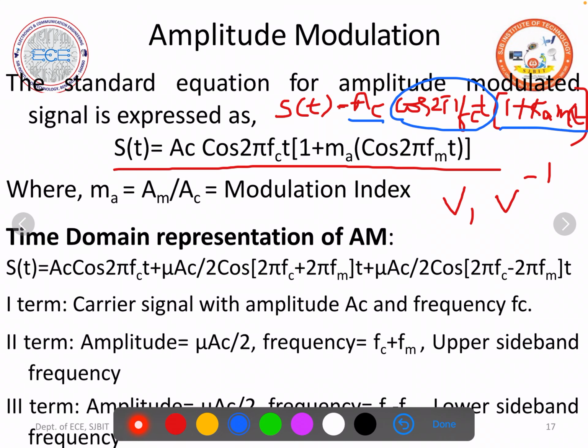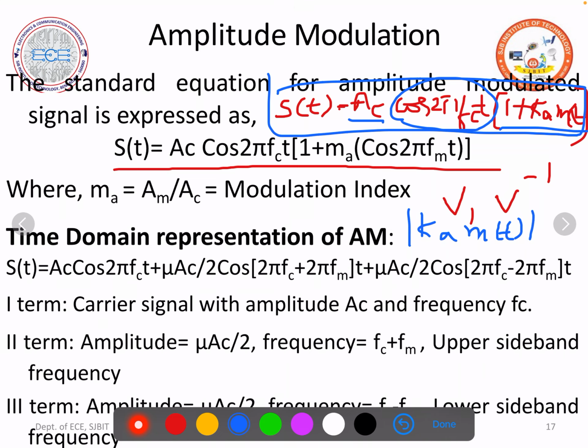c of t we have already seen, it is Ac into cos 2 pi fct. This is the standard equation. s of t is equal to Ac into cos 2 pi fct into 1 plus Ka into m of t, where Ac into 1 plus Ka into m of t forms the envelope of an AM wave. Depending on the term Ka into m of t, this term is called the modulation index.